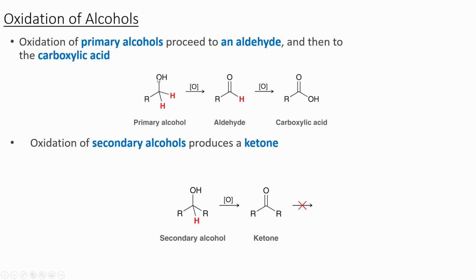The more carbon-oxygen bonds we add, the less electron density is around the carbon, and so it is considered oxidized, or a loss of electrons. If we oxidize a secondary alcohol, we're going to form a ketone.